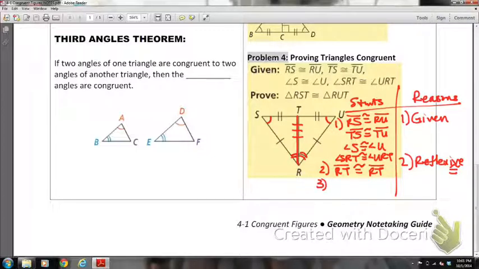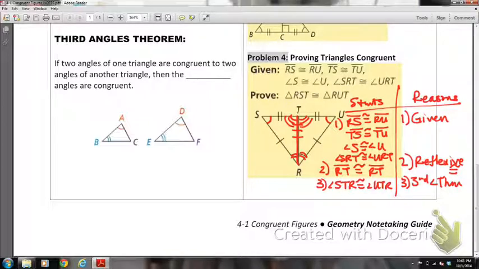So now we can state that these third angles, angle STR, is congruent to UTR by the third angle theorem. Because if two angles of two triangles are congruent, then the third angles are congruent.